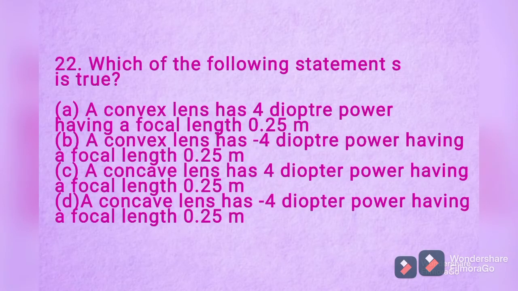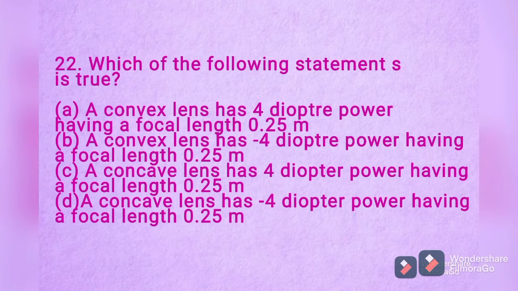22nd question. Which of the following statements is true? Option A, convex lens has 4 diopter power having a focal length 0.25 meter. Option B, a convex lens has -4 diopter power having a focal length 0.25 meter. Option C, a concave lens has 4 diopter power having a focal length 0.25 meter.